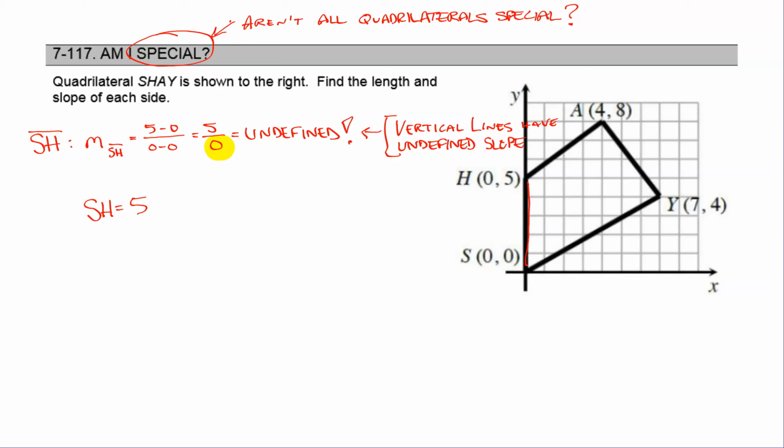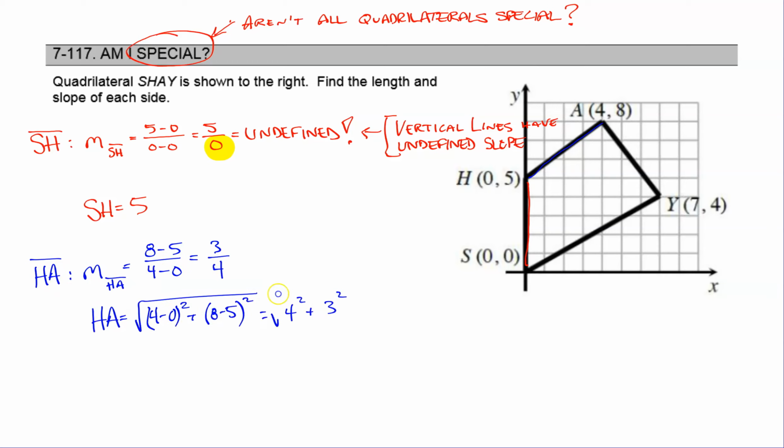Now I'm going to jump in and do the next segment. We'll go around this thing counterclockwise. That's going to be HA. Okay, so I have the slope of segment HA is 3/4, and the length of HA is exactly 5.